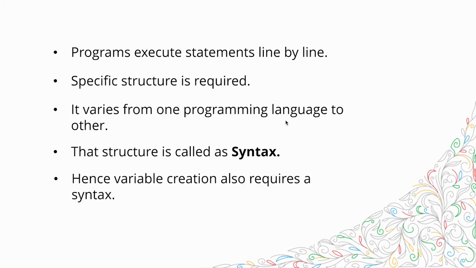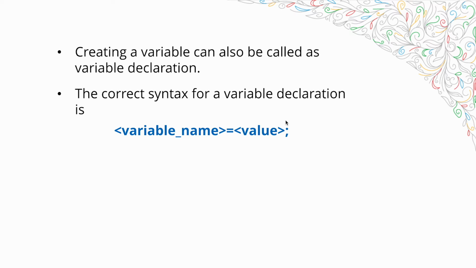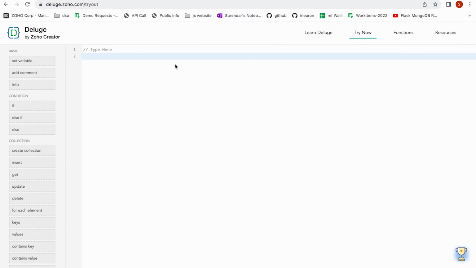So hence a variable is also very mandatory, and there should be a proper syntax while we are defining a variable. Now let's go and understand the syntax, or the rules, we have to follow while declaring a variable. The variable creation is also known as variable declaration, and this is the correct syntax. Let me show you the syntax and demo parallelly. Let me zoom in.